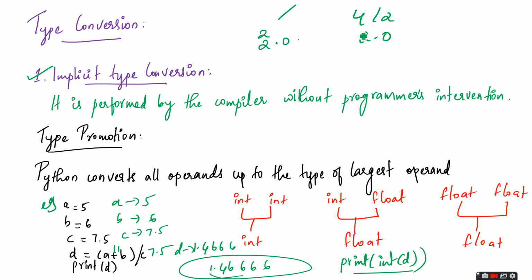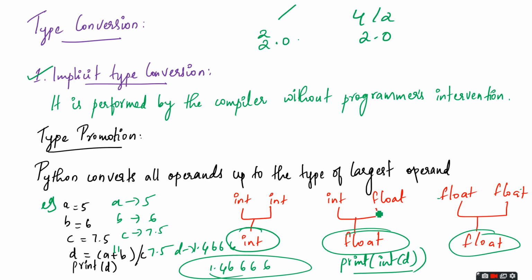So please keep this point in mind. Now next, if we are using two integer values, then the output will be integer. If we are using integer and float, the output will be float. If we are using float and float, the output will be float. So this is about the implicit type conversion.